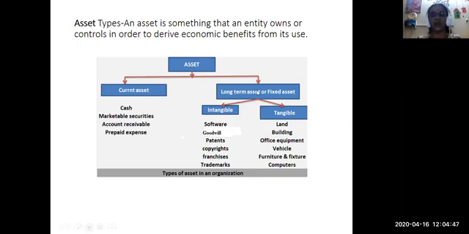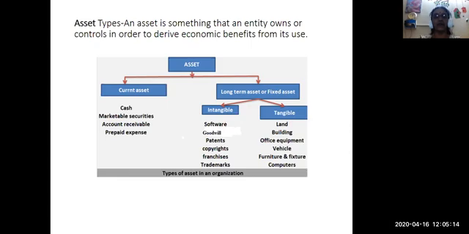Now coming to long-term assets or fixed assets, they can be classified into two items. One is tangible assets and another is intangible assets. Tangible assets are land, building, office equipment, vehicles, furniture and fixtures, computers, etc., from which you can derive benefit for a longer period of time.